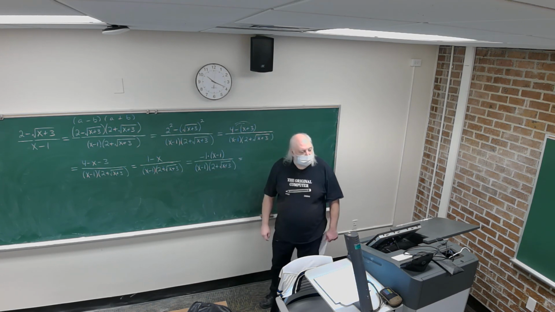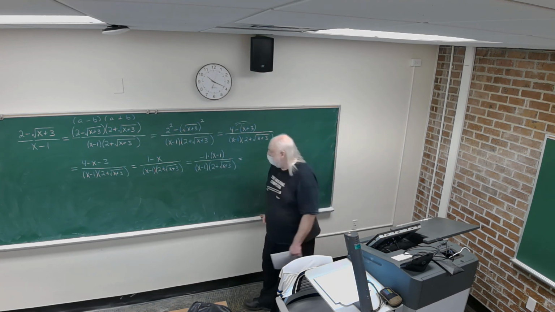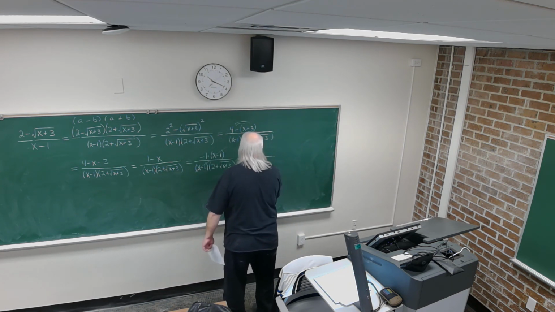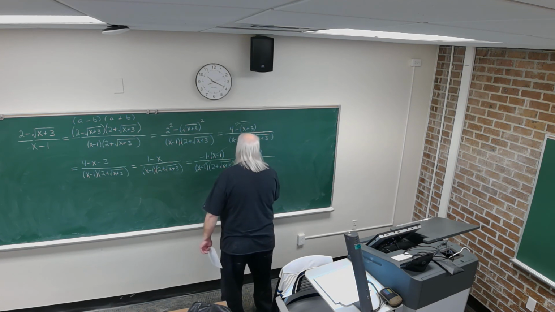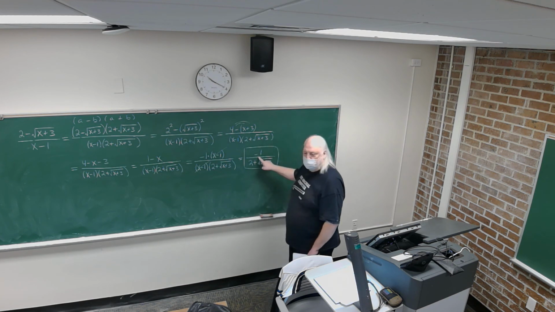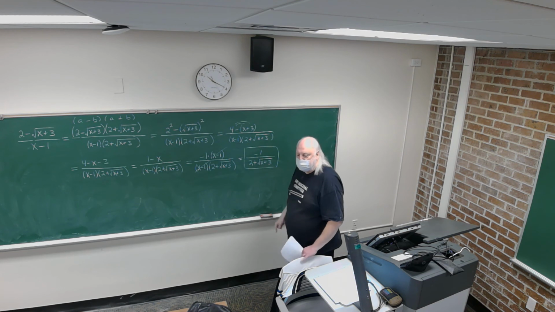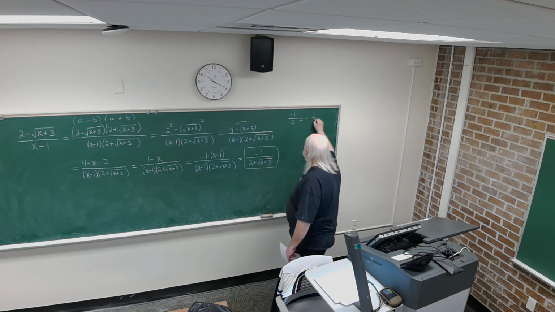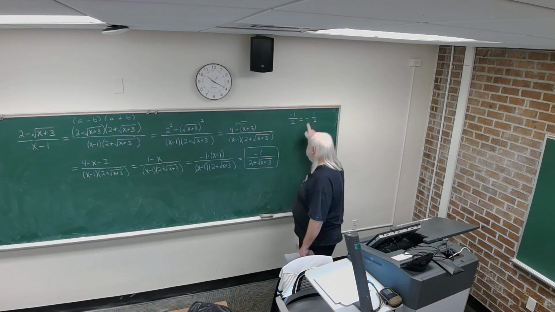Do we have a common factor in numerator and denominator? Yeah, x minus 1. So we're left with -1 over 2 plus the square root of x plus 3. And if you want to, you can pull the minus sign in front of the 1 out in front of the quotient. Just to remind you, -1 over 2 is the same as -1/2. You can pull the minus sign out in front of the fraction.